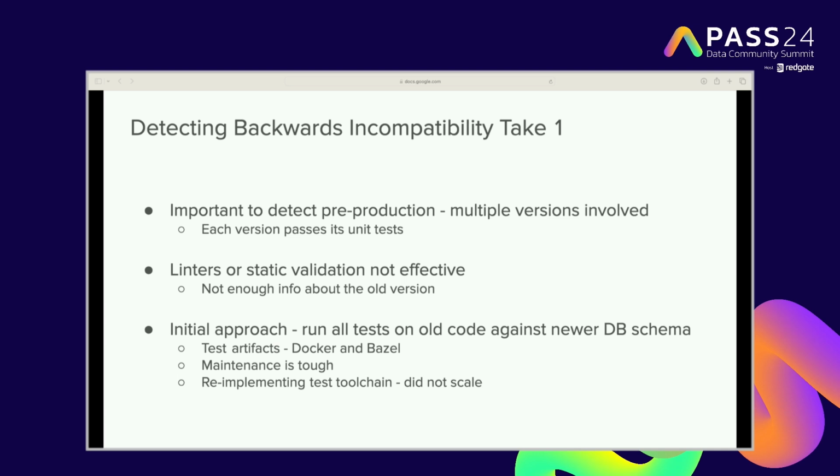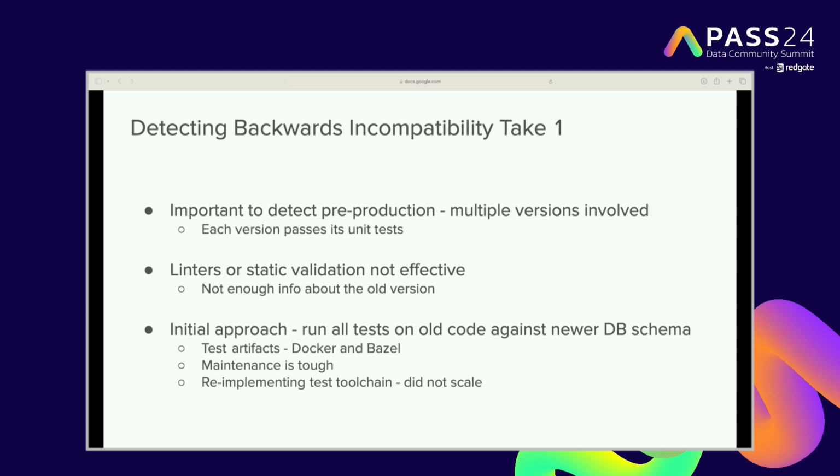So we brainstormed a little, and we were like, okay, so we want the old application state to be tested exhaustively against the new database state. How do we achieve that? We packaged all of our tests into Docker containers and pushed them up to remote repositories.